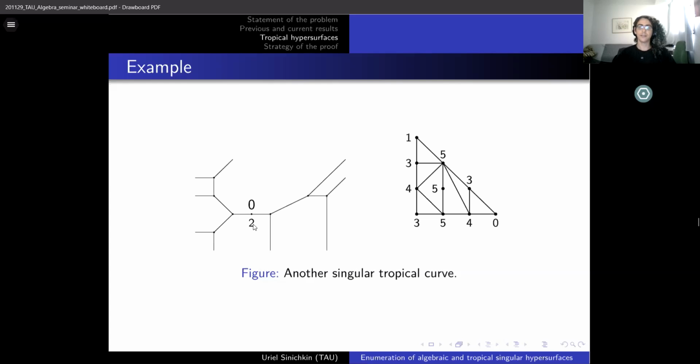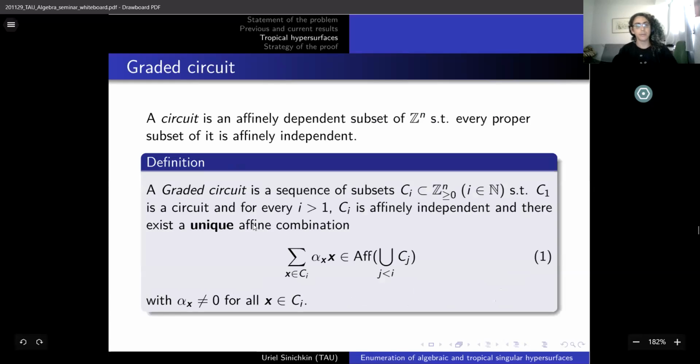Okay. Now we can use the lemma to give a definition, and this is maybe the central definition. So since everything is generic, we can ask the affine combination in the lemma to be unique. Okay, and then we get the definition of graded circuit.